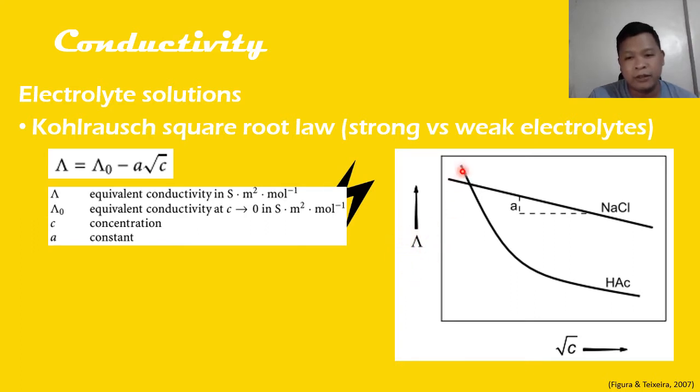However, for your weak electrolytes, hindi niya sinusunod yung square root law. So as you can see, weak talaga siya dahil as you increase the concentration, biglang malaki yung drop doon sa equivalent conductivity.